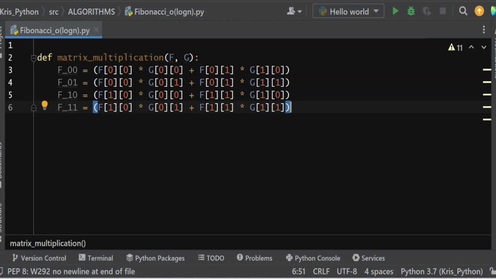Okay, so here are the values in the 4 cells of the resulting 2 by 2 matrix.